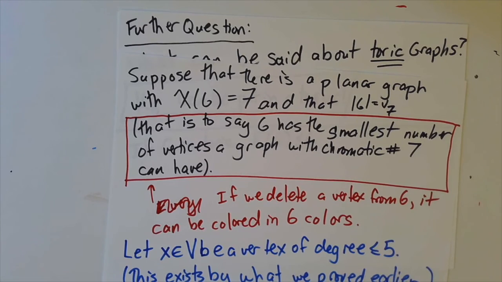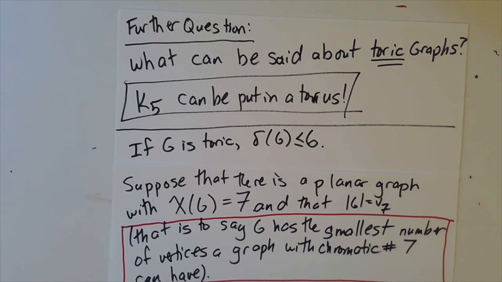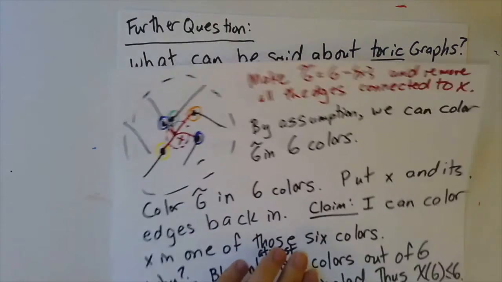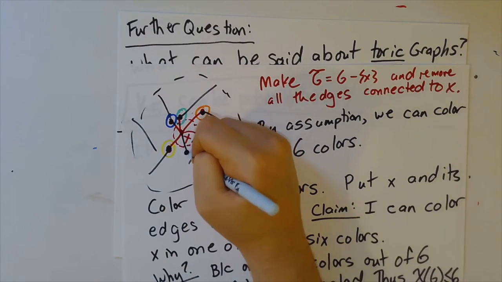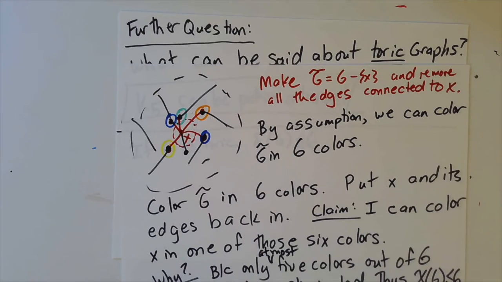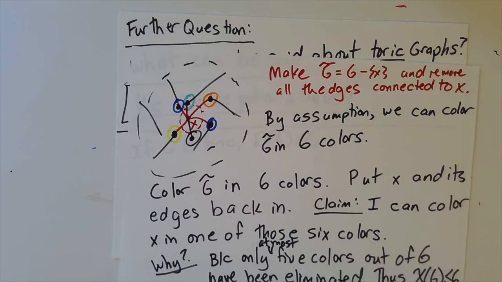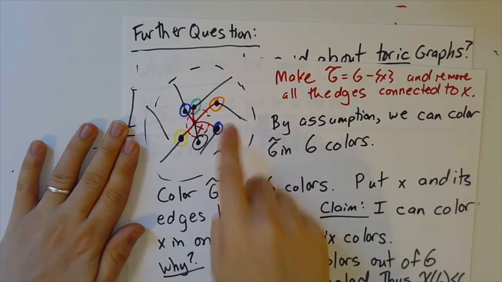And then that means there's automatically a smallest toric graph with chromatic number 8. Well, by this theorem about the little deltas, there's some vertex of degree at most 6. Let's call that vertex x. So we have a picture like this, except maybe now this thing actually has degree 6. So there's some other thing down here that's colored in some other color. I guess I'll color it in black, boringly enough. And so I've now got this vertex that is adjacent to at most 6 things, and I used 6 colors there.